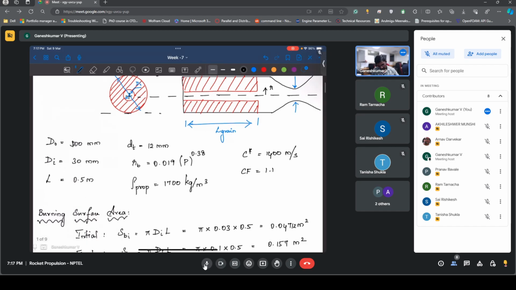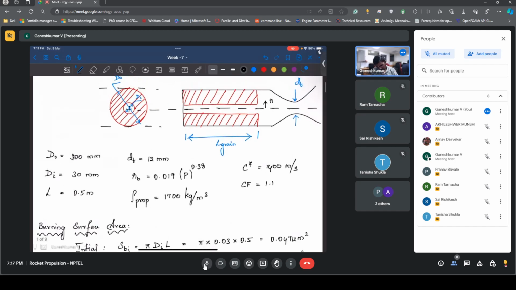So I will ask a few questions. Why didn't we consider this surface? This is also exposed, right? But ignition doesn't happen there. Ignition happens only where the liquid propellant which is injected touches the wall of the cylinder.